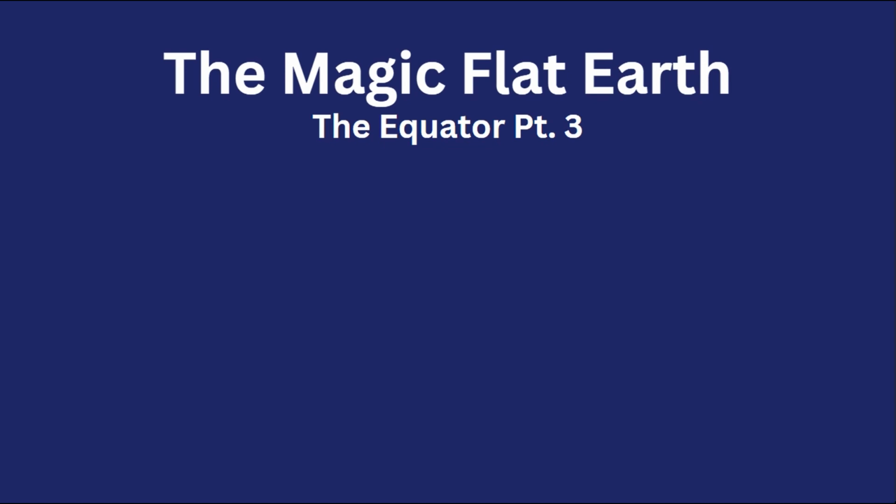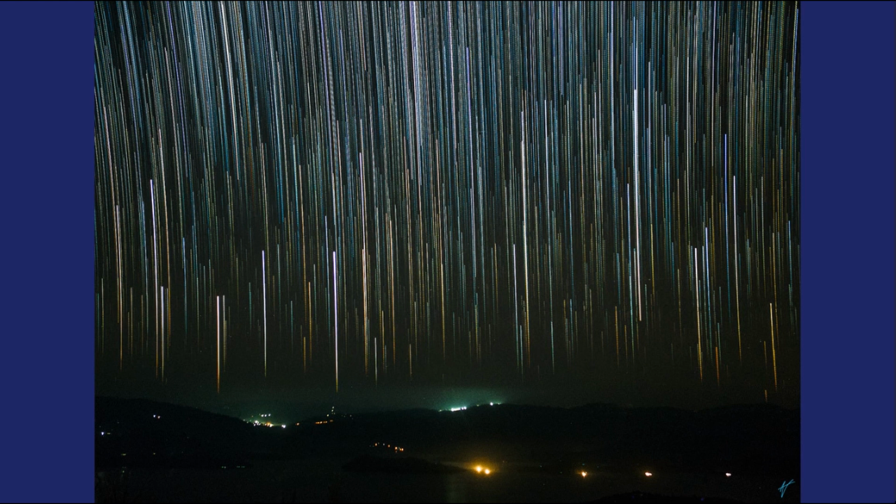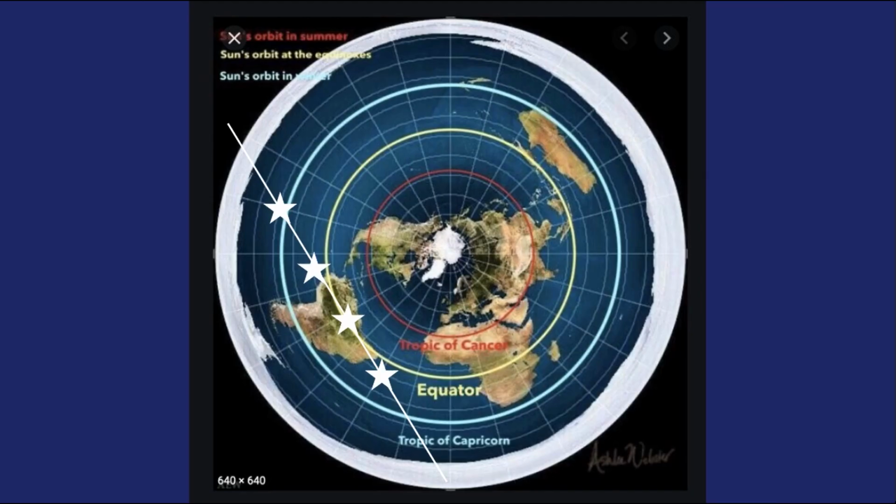First, I want to mention what I spoke about in Part 1 and 2. I dealt with the equator and how the star trails appear to move in a straight arc over top of the equator, which doesn't make sense on a stationary flat earth. If the star trails are moving around Polaris being the center point, then why would it make straight lines at the equator?